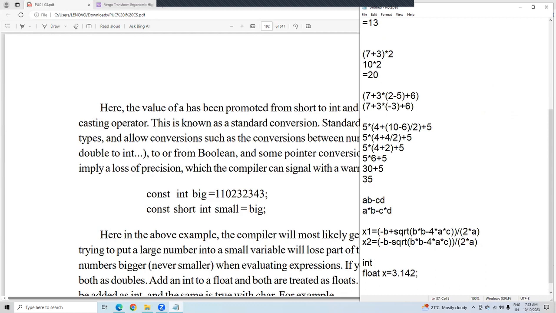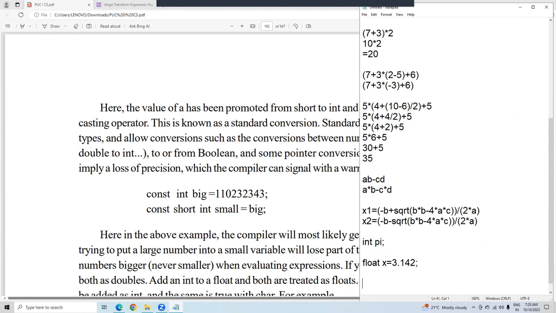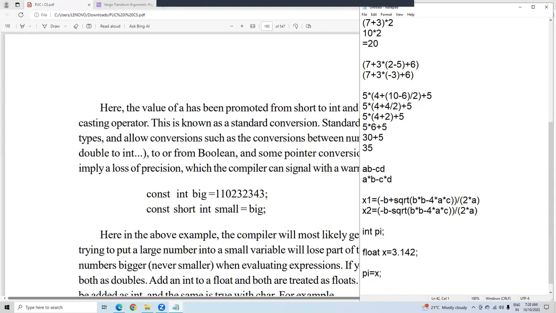Now suppose I am writing int pi, and I write pi equal to x, so what happens? The x value is converted to pi. See, float is a higher data type, int is a lower data type. This conversion is possible, but int can't hold the decimal part, while float has the decimal part 0.142.